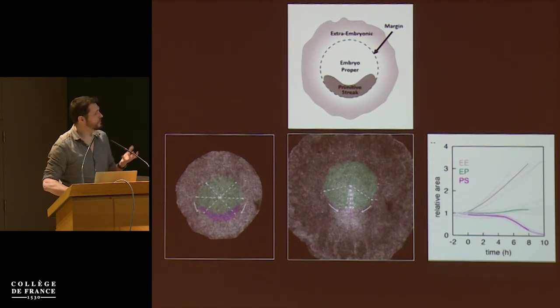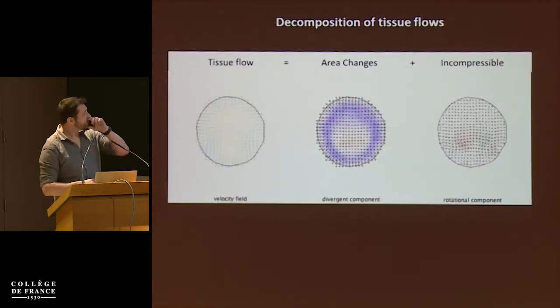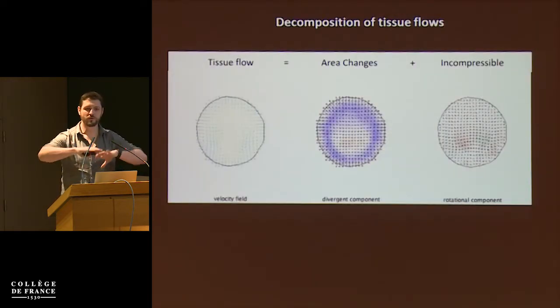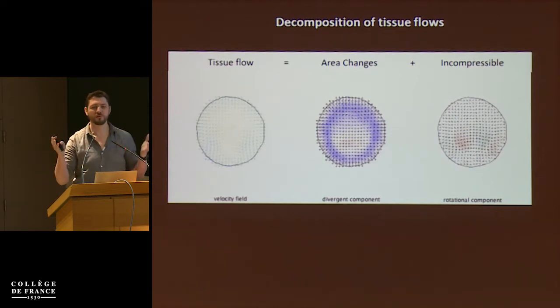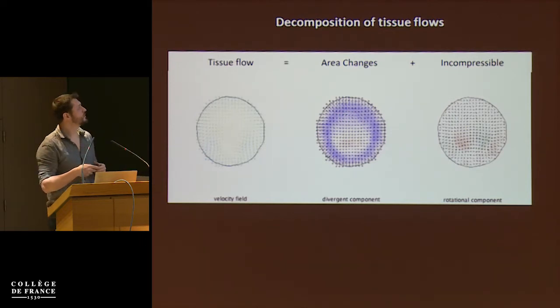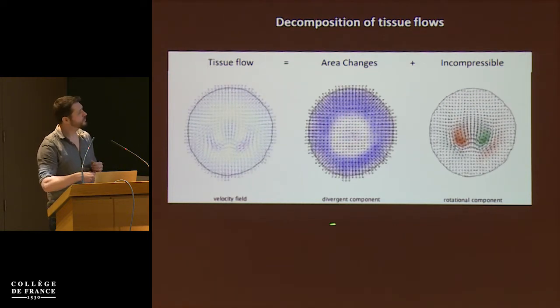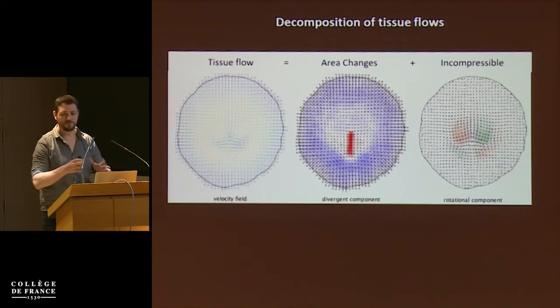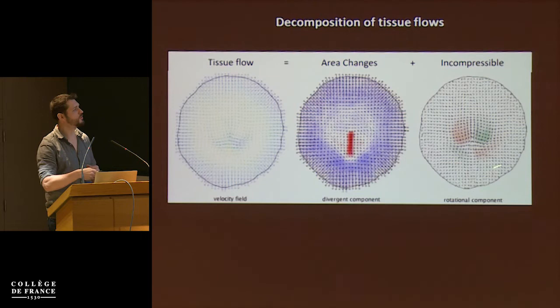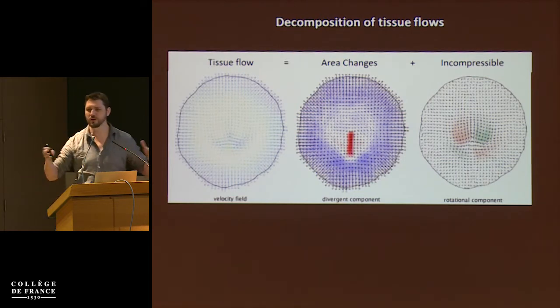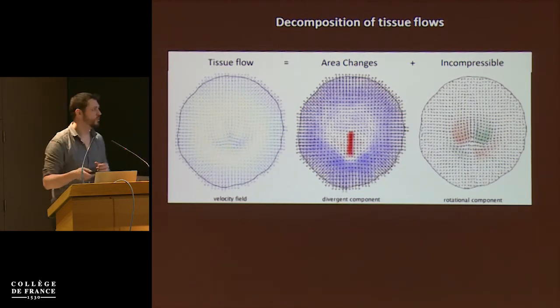Noting that different territories were displaying different behavior, Francis decided to decompose this complex flow into a simpler flow. He took advantage of a variation of a Helmholtz decomposition, where he took the overall tissue flows and decomposed them into the divergent component, so area changes, plus the rotational component, which can be perceived as the incompressible component of the flow.